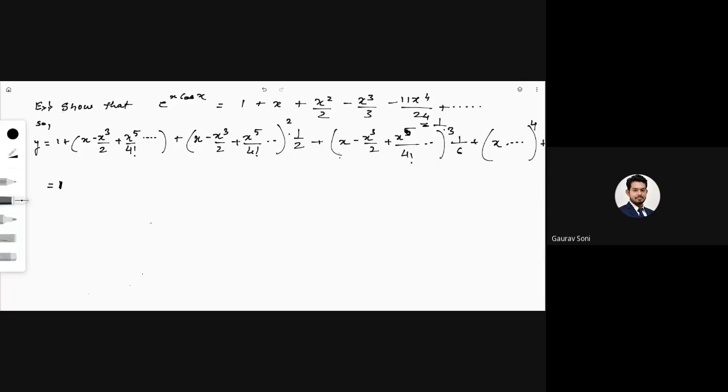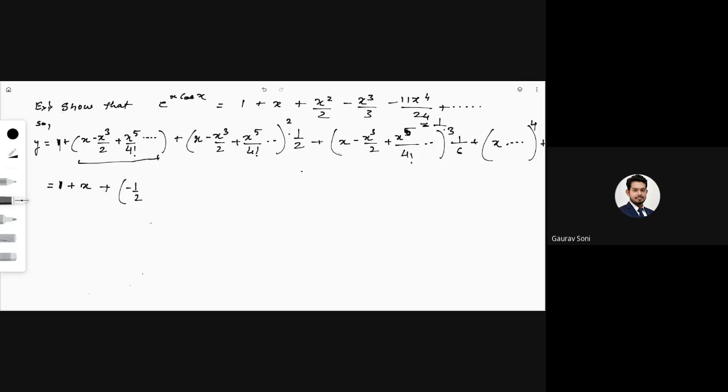So constant term is just 1 throughout the series, which is the first one, 1 plus. Let's collect the coefficient of x. So in the first bracket, there is just 1x. In the second one, you are not going to get x because when you multiply this bracket with itself, the smallest power of x that you are going to get will be x square. So 1 plus x plus. Let's collect the coefficients of x square. In the first bracket, it is minus 1 by 2.